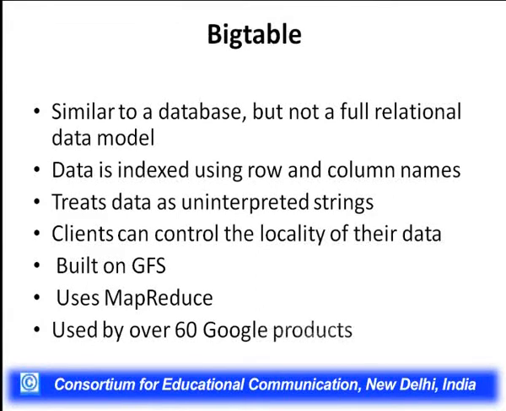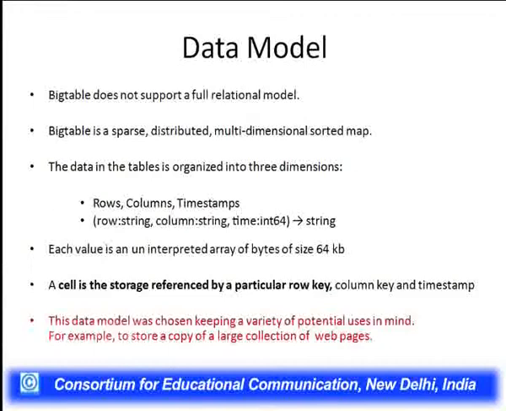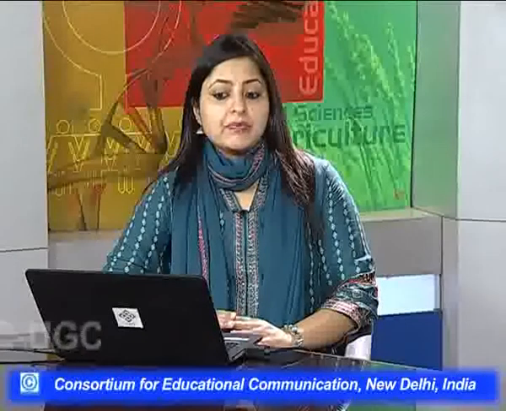Like in the last lecture, we had discussed Google file system. This BigTable is built on top of the Google file system, and it uses the MapReduce programming paradigm for processing in a parallel manner.